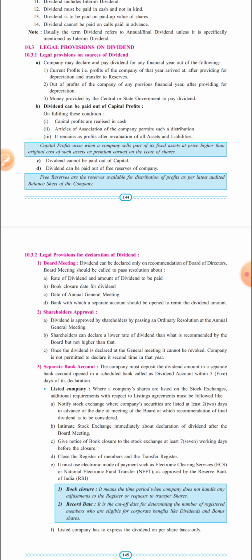If the articles of association give sanction, or there is a provision in the articles, then the company can declare dividend out of capital profits. It remains as a profit after revaluation of all assets and liabilities.